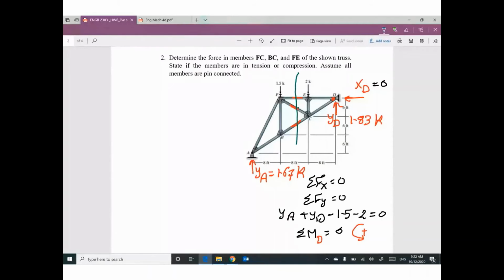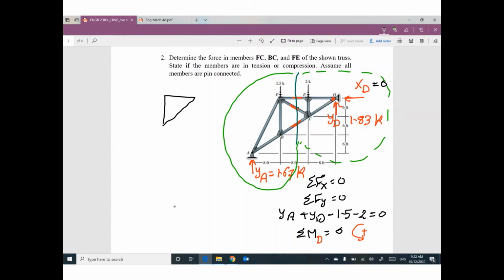Your section cuts this truss into two parts. The first part is on your left, the second part on your right. You have two options. It's up to you. But for me, I'm going to use the right part. Looks simple. So we have here this part, these members I didn't cut, E, D, and C. We have a vertical force here.